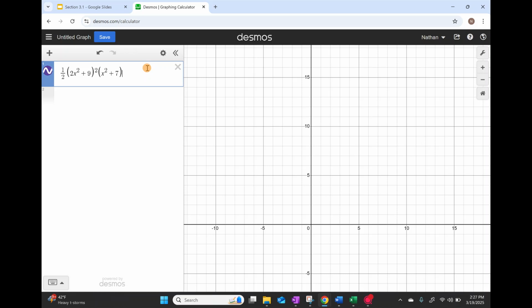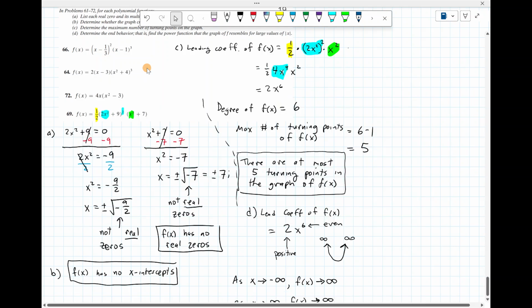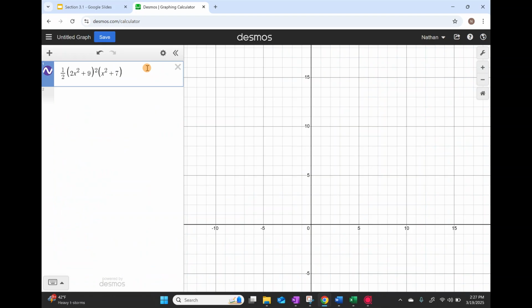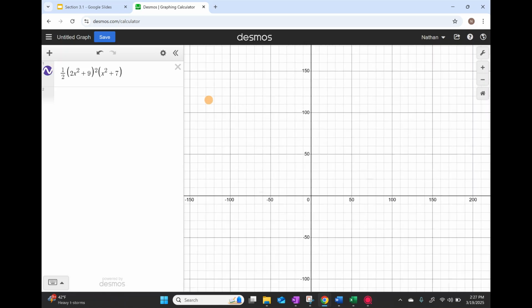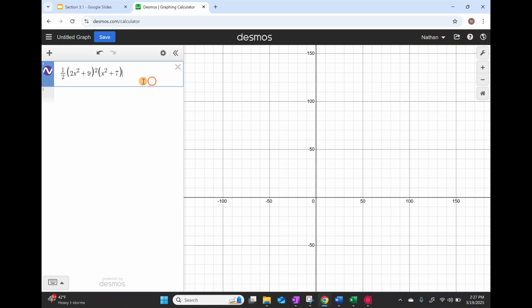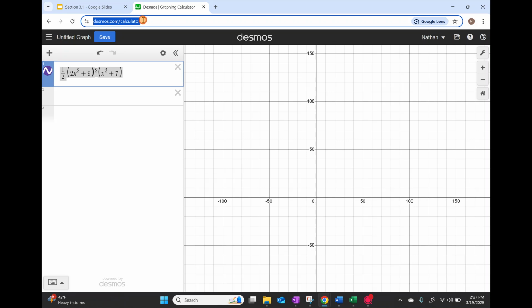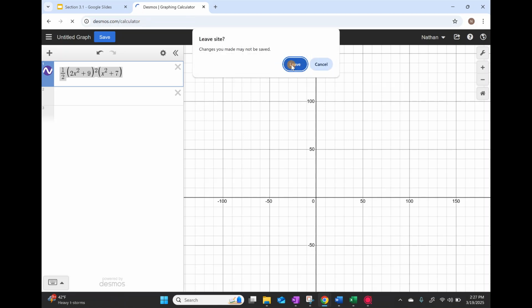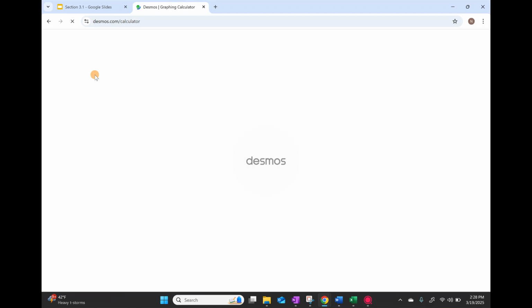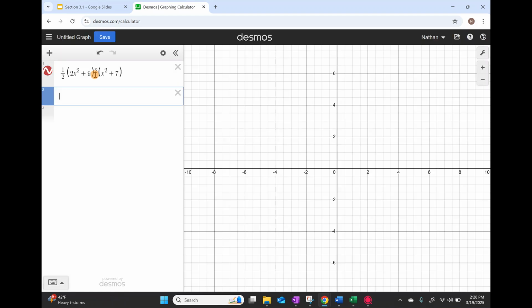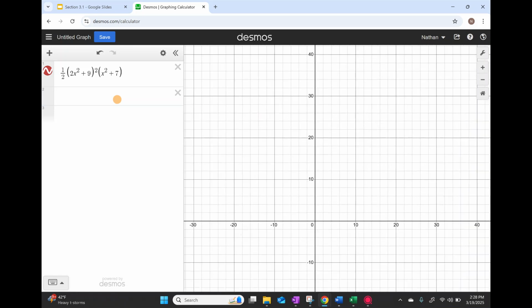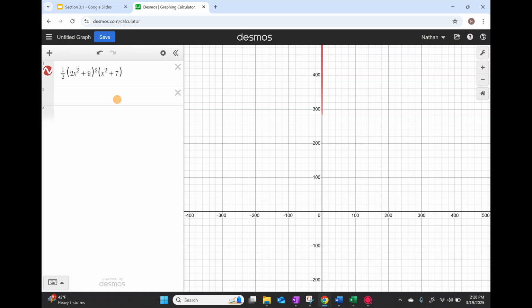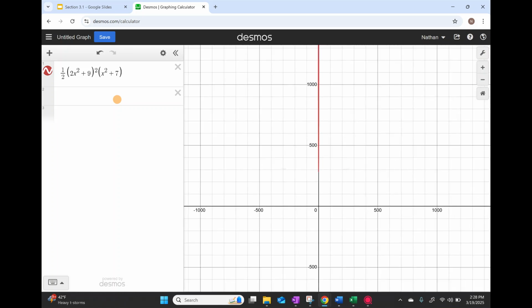If I'm not mistaken, let me double check. That's from memory. That is correct. Now, where is the graph? I feel like it's not showing up. All right, let me try this again. From the beginning, I'm going to just reset this and re-enter this. Maybe it's way up in the sky somewhere. Yep, that's exactly what happened.